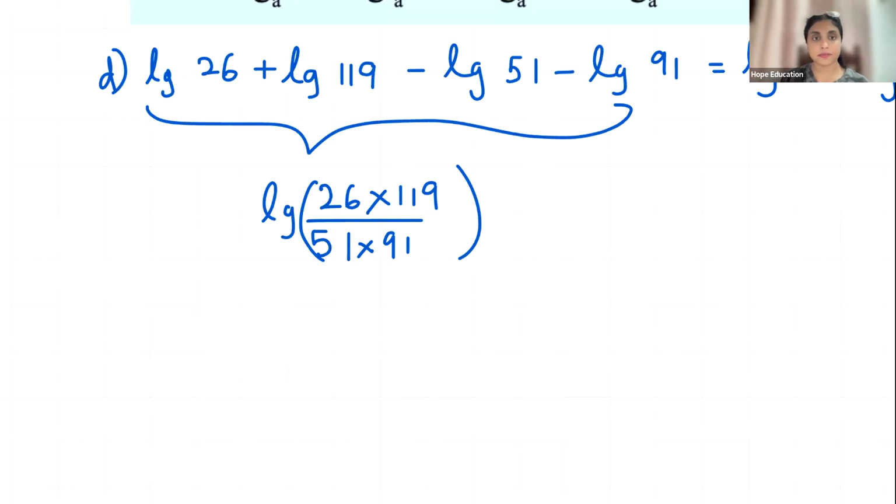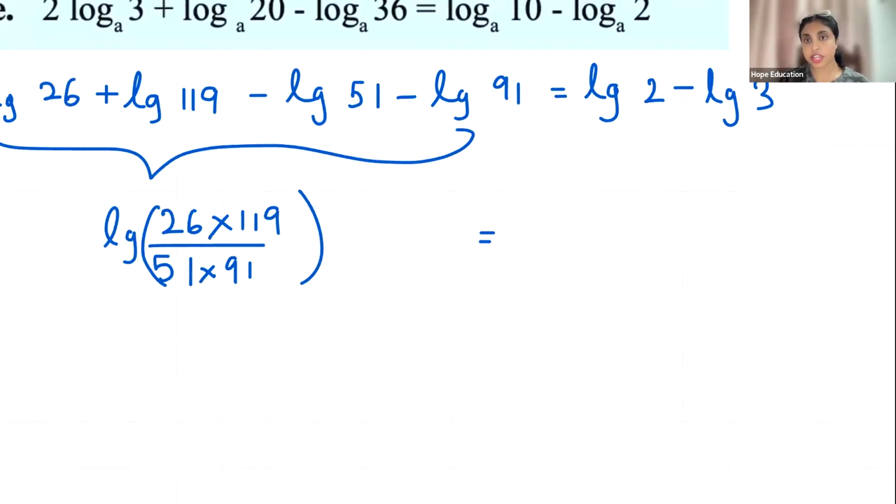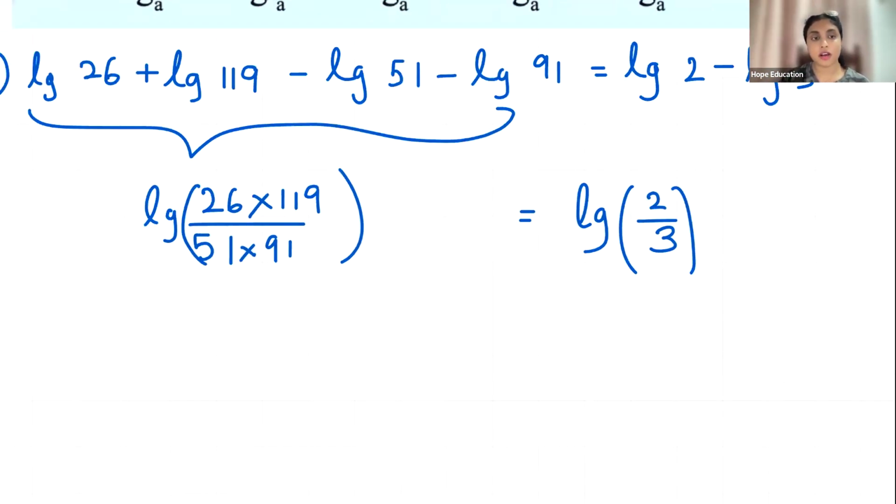Then right-hand side, LG 2 minus LG 3. Subtraction in logarithms is division. When we write together, it is division. When we expand, it is subtraction. LG 2 over 3. So since both sides have LG, we can cancel it off.